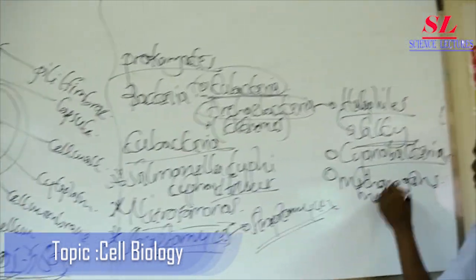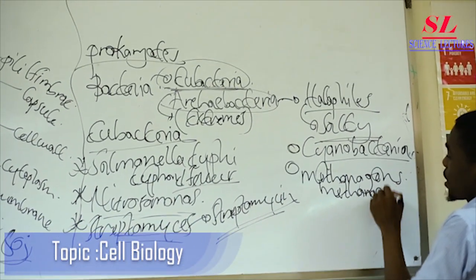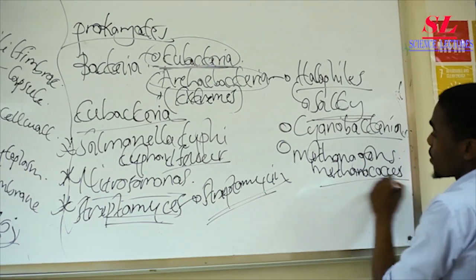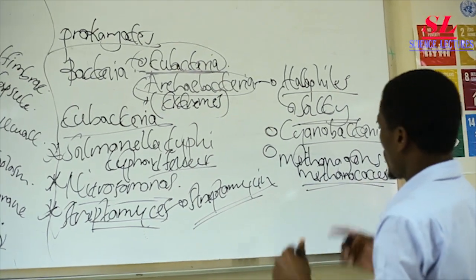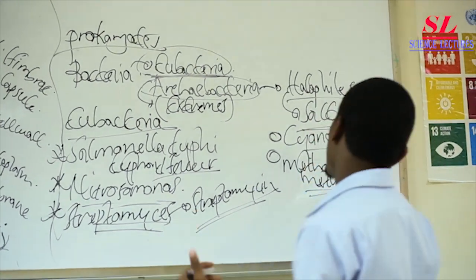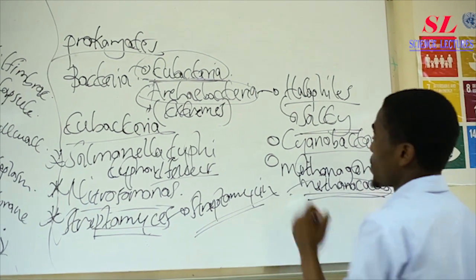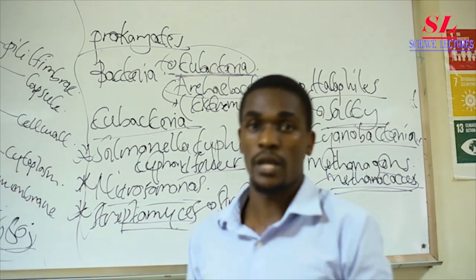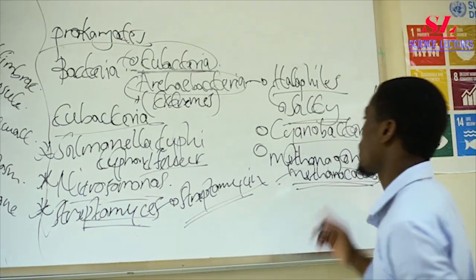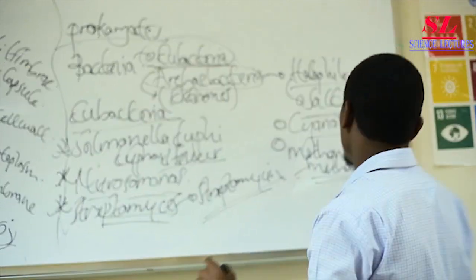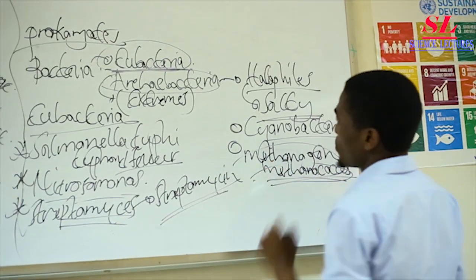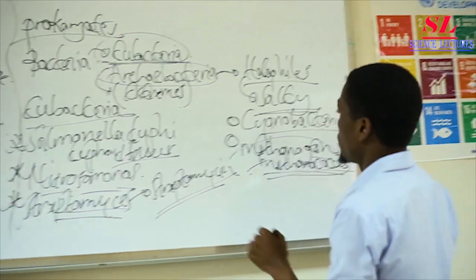We can think of this specific one, Methanococcus, which is used in the production of methane. It breaks down organic matter to produce methane, which can be used as biogas, which can also be important, though it is a bacteria.